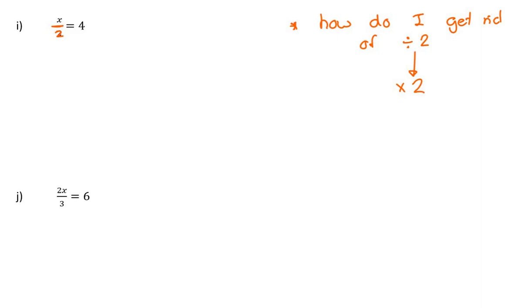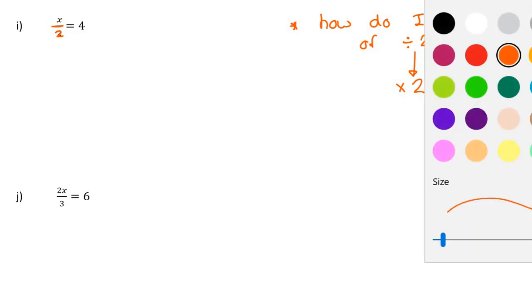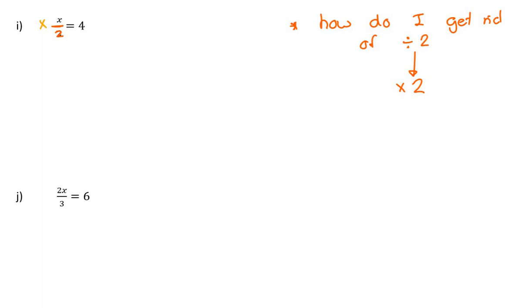Just don't forget the golden rule, which is what you do to one side, you do to the other side. So if I multiply this side by 2, my 2's can cancel, but then I must multiply the other side by 2. So I land up with x is equal to 8. And I know that's right, and I could have seen that, but I'm just trying to build a set of skills before we get into the more complicated ones.